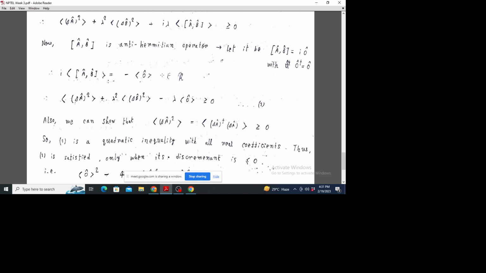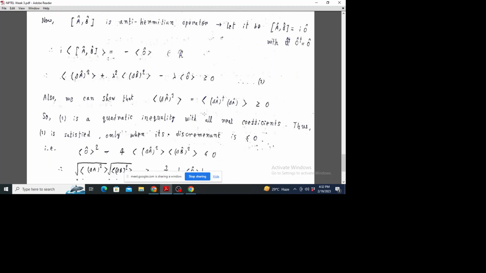So for any operator M, the expectation value of M dagger M will be 0 or positive. That follows from our positive norm assumption. So that means this constant coefficient is positive and the coefficient of lambda square is also positive. Okay.